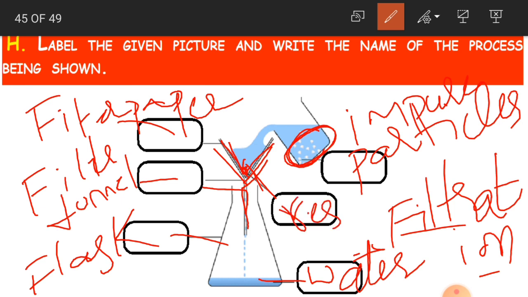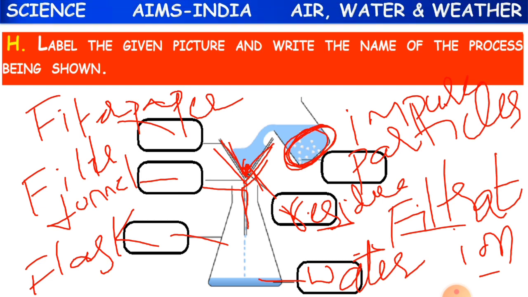Residue in the sense, suppose you have taken any dust, sand and all, so all that is going to settle down here at the end. They are going to rest here, so we call it residue. Clear, children? So this is how we make the process of filtration to get pure water.